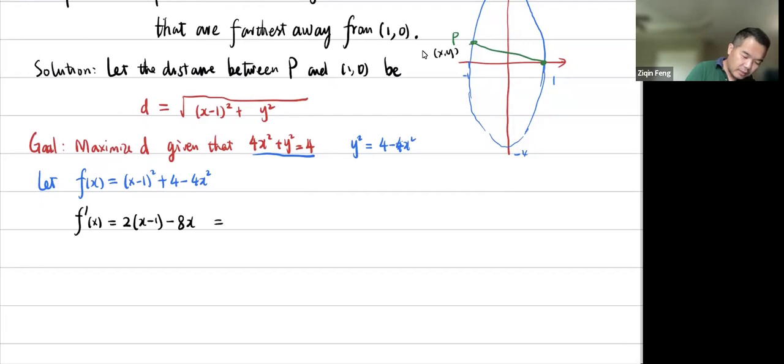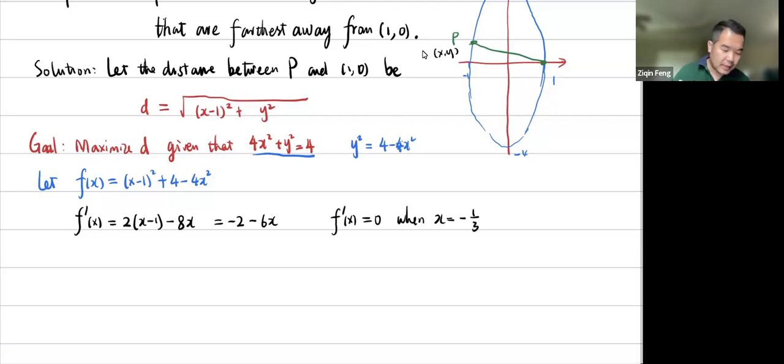So this is negative 2 minus 6x. So you can see that f prime of x equals 0 when x is negative 1 over 3. Now this is negative 2 times (1 plus 3x), right?